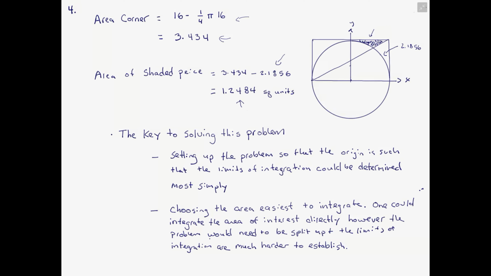But setting up the problem is like 90% of the problem, and that's really the point I'm trying to get at. But with that said, this is the solution, and this is the area of the shaded spot. That's our answer, and we're happy that we have whatever square units it's in.